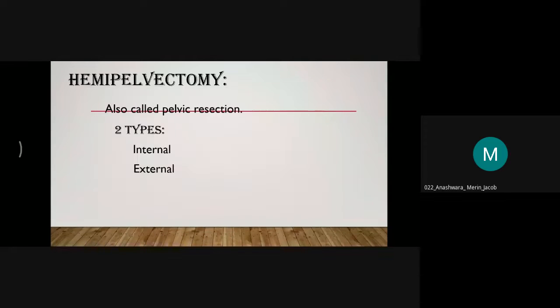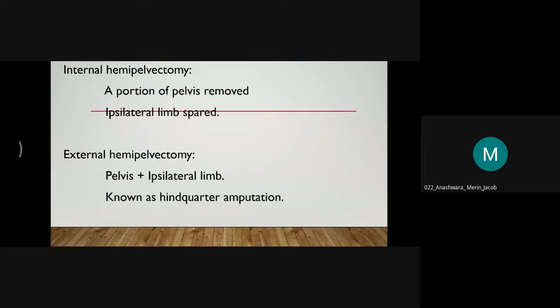Transpelvic amputation, or hemipelvectomy, is done in two ways: internal hemipelvectomy and external hemipelvectomy, which I will show now. In internal hemipelvectomy, a portion of the pelvis is removed, which can be the ischium, the ilium, or the ramus, anything.